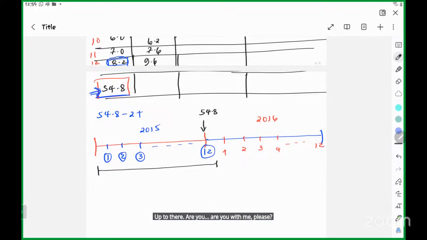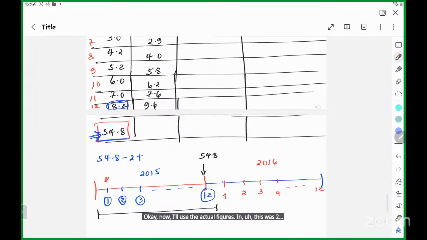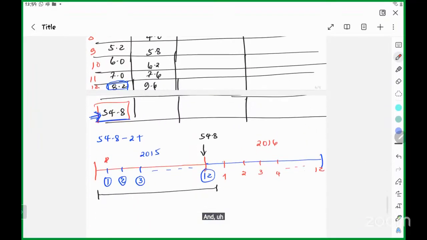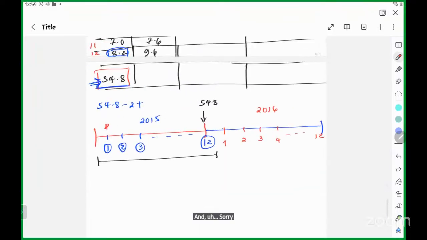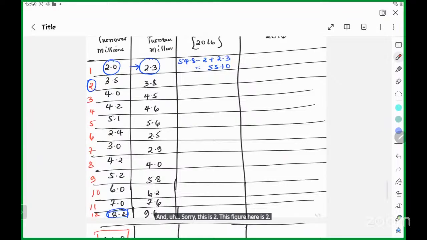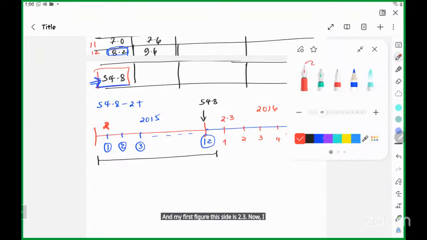Yes, I am. Okay, now I'll use the actual figures. This figure here is 2, and my first figure this side is 2.3. Now I'm adding in 12.